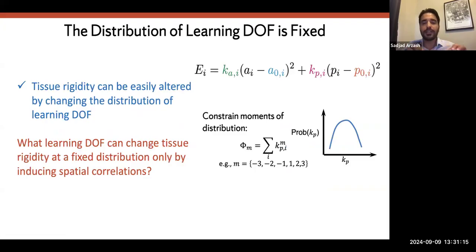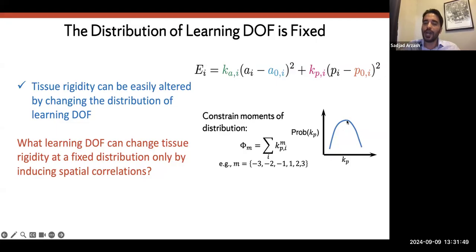This is my one slide on the method, so please ask questions if something is unclear about how we're doing this. We just start with a random tissue, and I would like to focus on one of these parameters, for example, area stiffness or target areas or KP. I want to add one of these new variables for these cells as adaptive degrees of freedom, let that be tunable within a distribution.